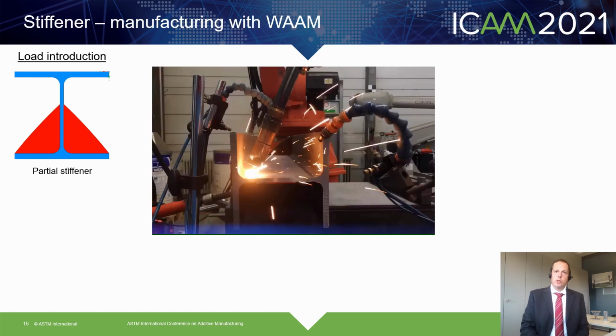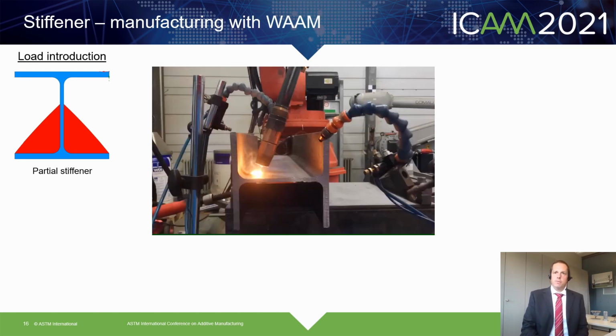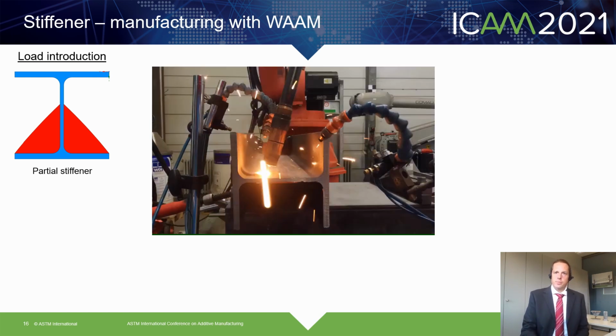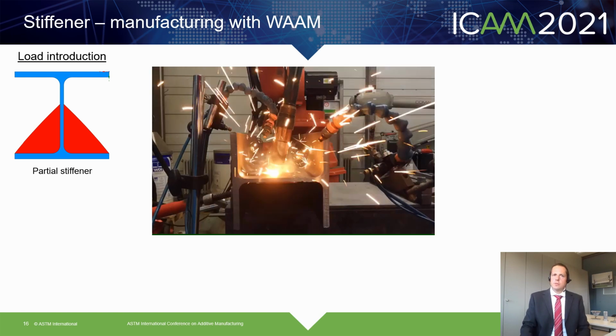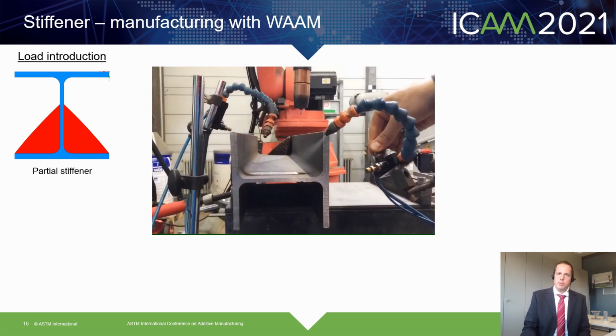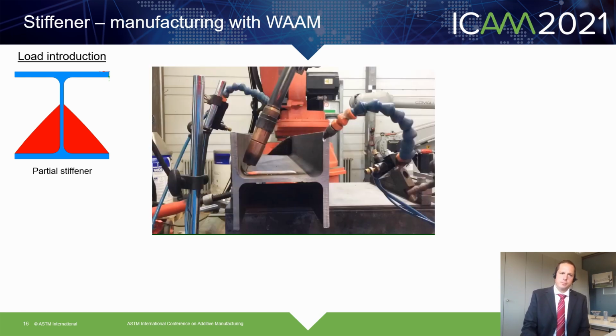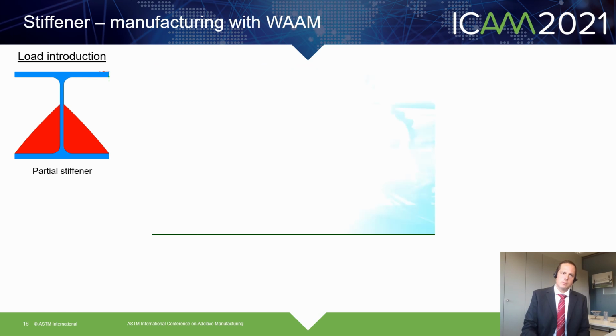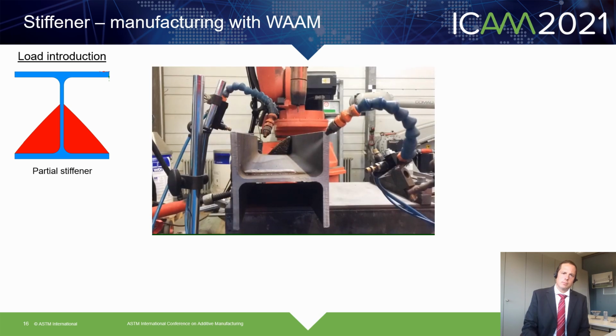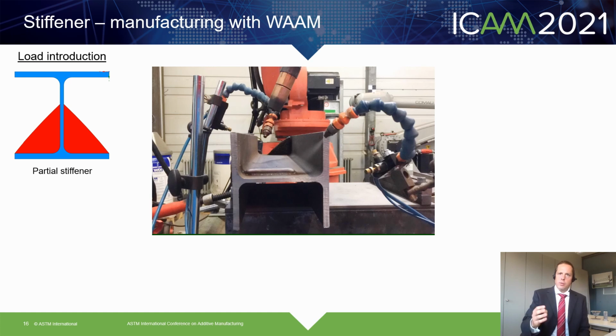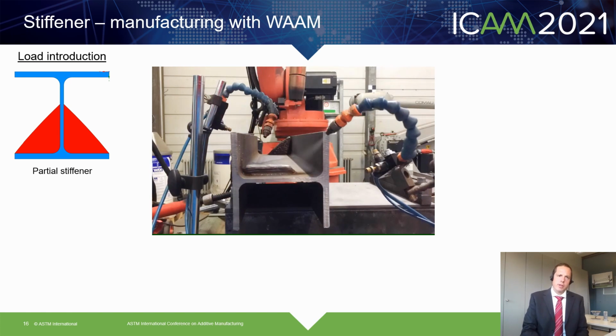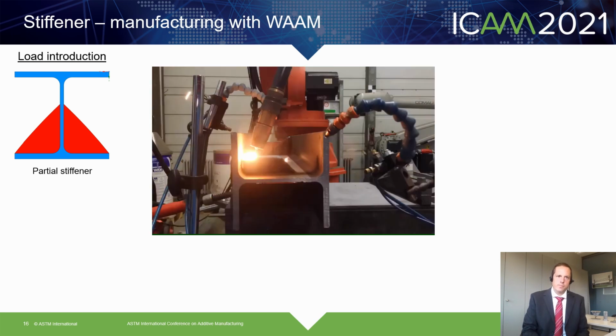And now I want to show you a time-lapse video of the manufacturing of one partial stiffener for the load introduction. First, there are shown some still images to illustrate the rotation of the torch. By the way, in the back you can see our red robot Mario, who is leading the welding torch.